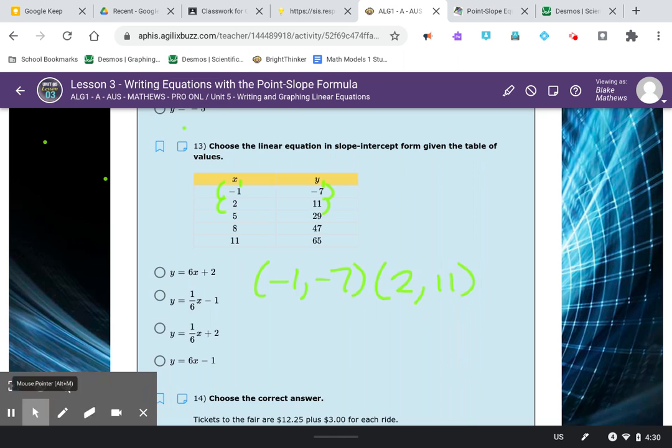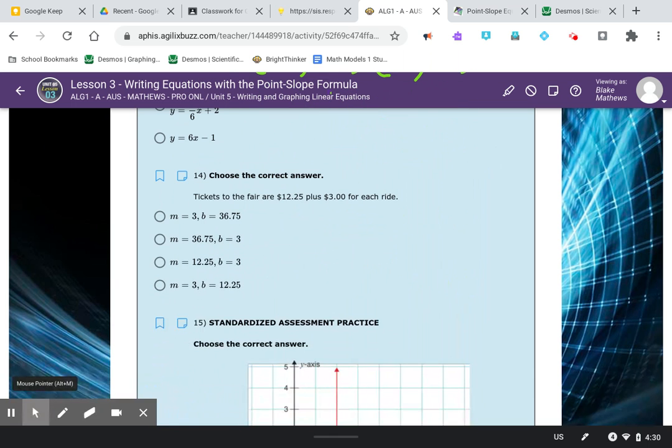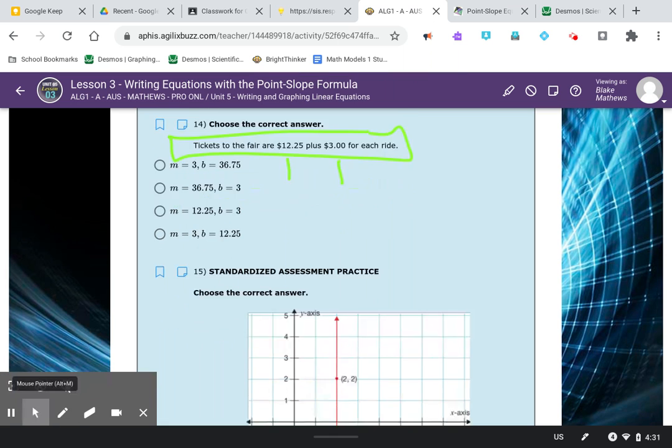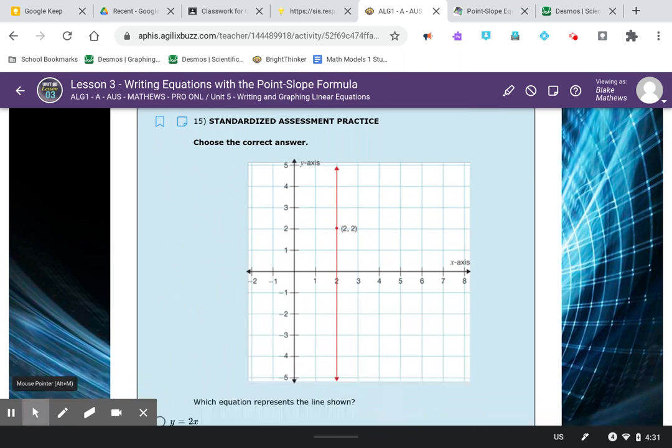And then lastly, this is just taking this information here and saying, what is the slope and what is the y-intercept out of those two numbers? Just in a sort of conceptual sense. I think you'll be able to figure that one out. And then here again, which equation? Same idea. You should know enough there to be able to do that, especially with a line that's vertical like that. And that's it for lesson 3.